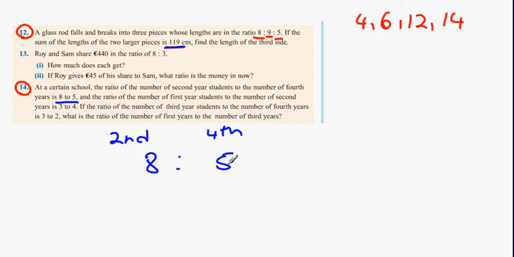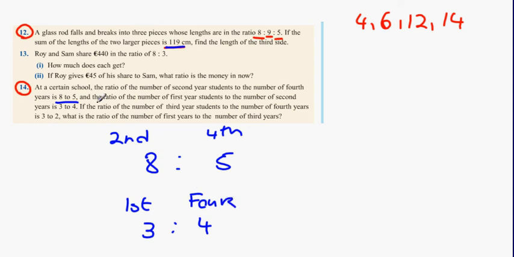So for every 5 fourth year students, there are 8 second year students. The ratio of first year students to the number of second years is 3 is to 4. So first is 3, second is 4.